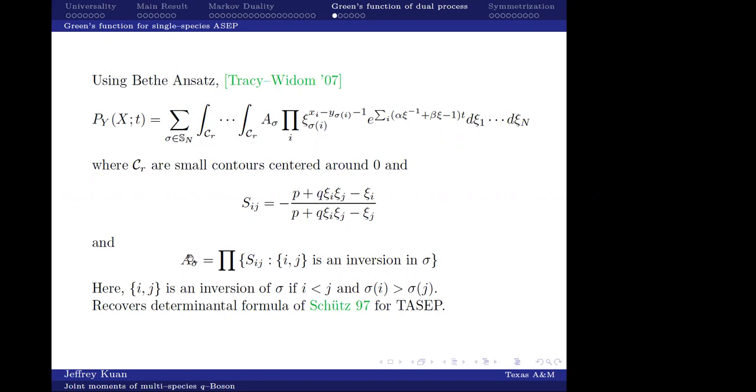And each A sigma is a product over inversions. You have some function S, sometimes called the scattering matrix. And then, sorry, this should be alpha and beta instead of p and q. So in the totally asymmetric case, the sum over permutations just becomes a determinant. But in general, it's just a sum over permutations.